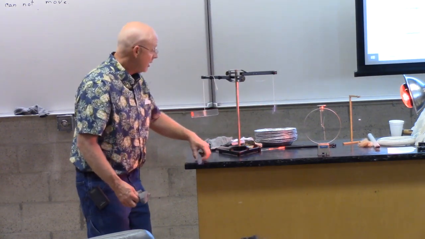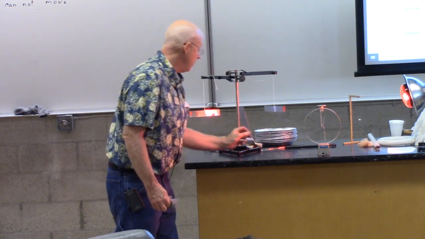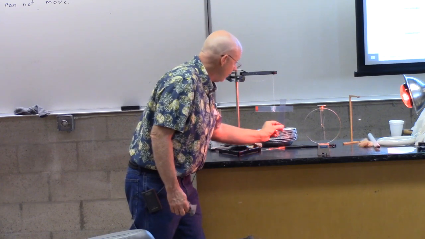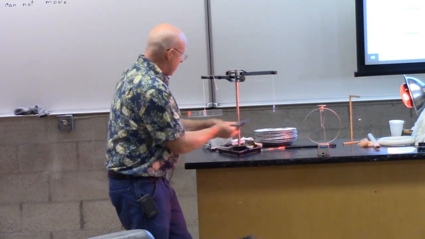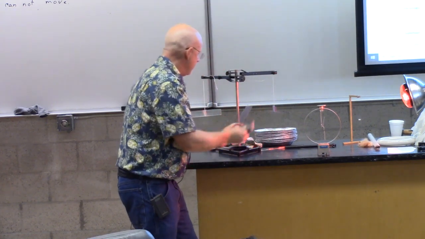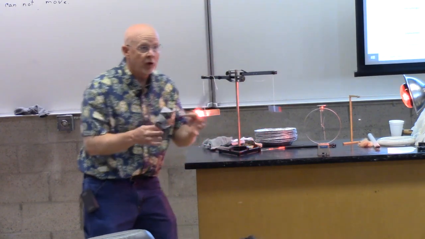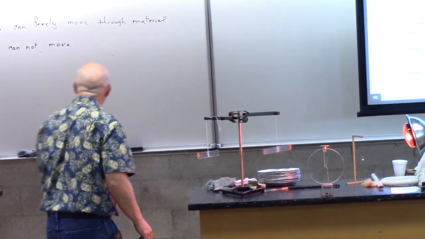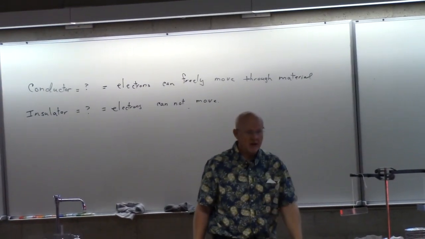No. And so I can then put them together here, and we can then watch the effect of two negatives near each other. But I didn't have to worry about them moving somewhere else. They were locked into place. And that's this idea of an insulator.